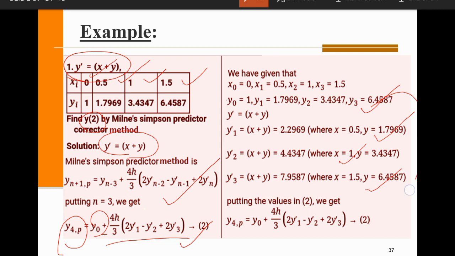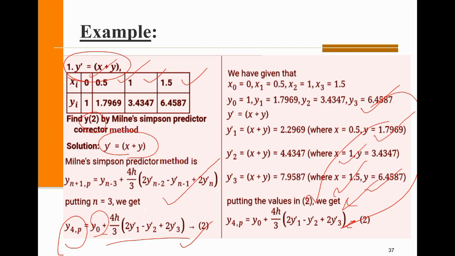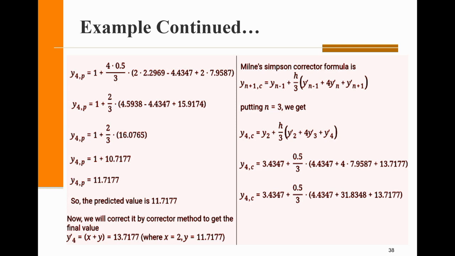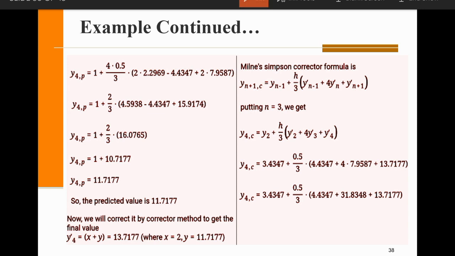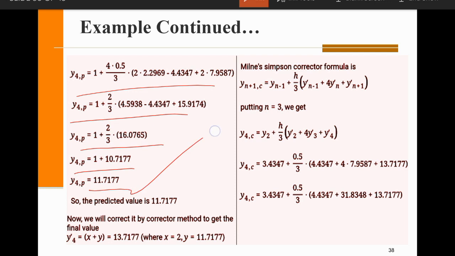So substitute all these values here, you will get the desired predicted value, right? So after predicting the value, now we have to correct the value. After substituting all these values in the formula, we have found the predicted value. This is our prediction, right?